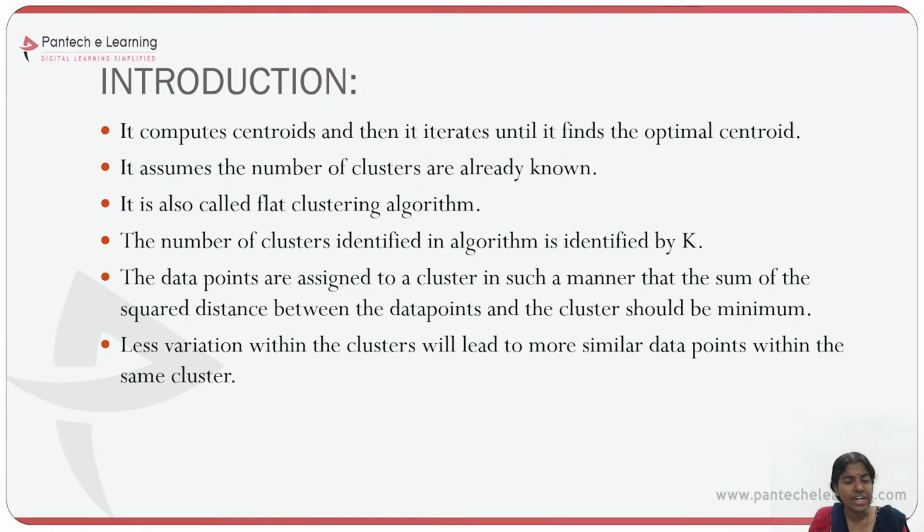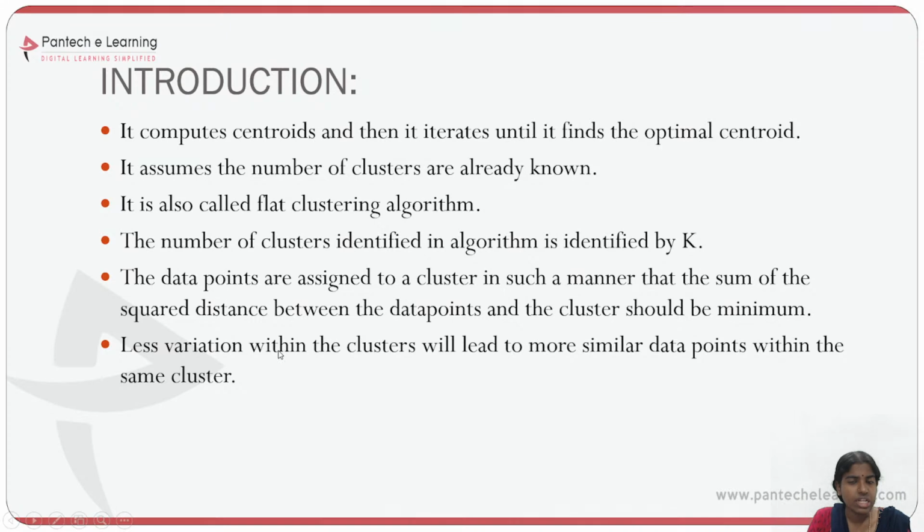I have to iterate until it finds the optimal centroid. So what do you mean by the k-means clustering algorithm? It assumes the number of clusters is already known, so it is called a flat clustering algorithm. The number of clusters identified in the algorithm is denoted by the letter k.